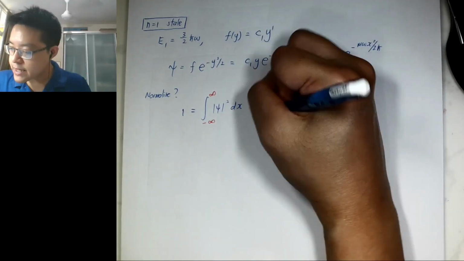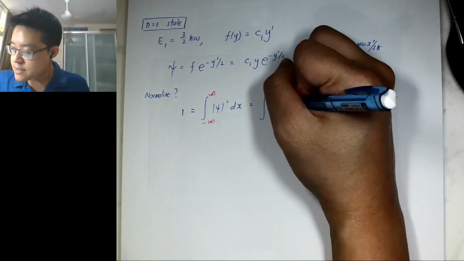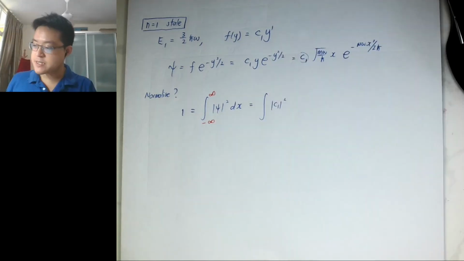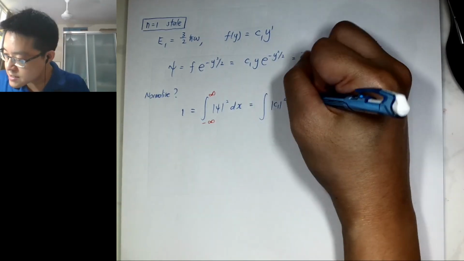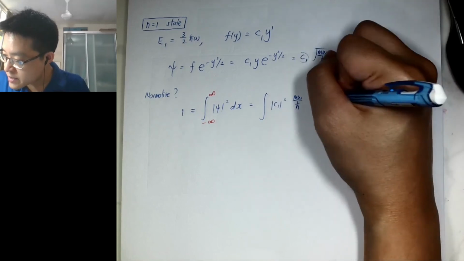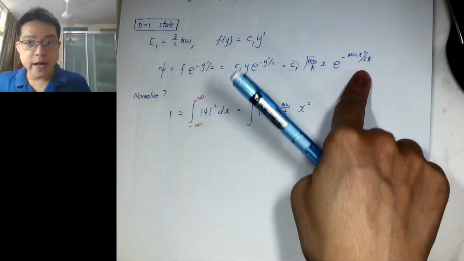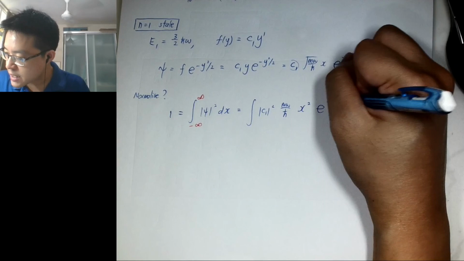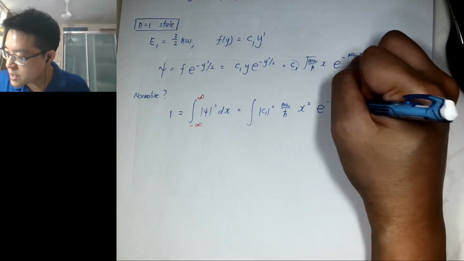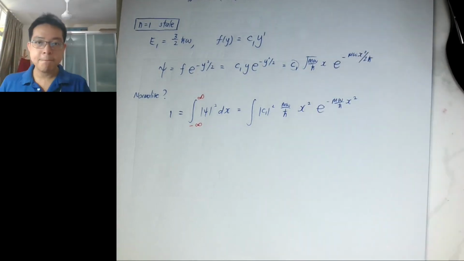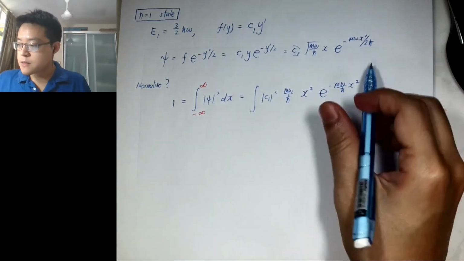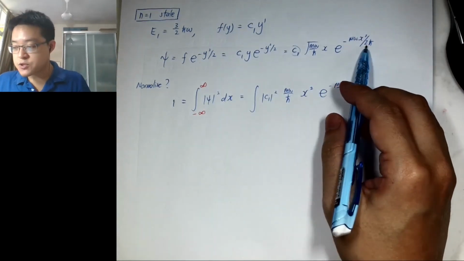How do we get the absolute square? Well, absolute value of c1 squared, and squaring this, m omega over h bar times x squared, becomes m omega over h bar x squared. Am I right? The 2 will disappear after you square it.